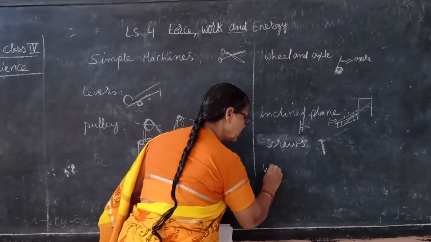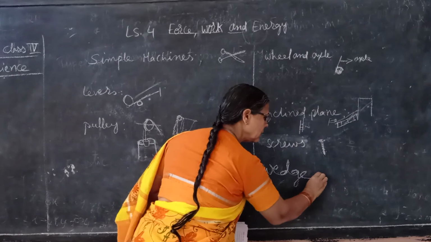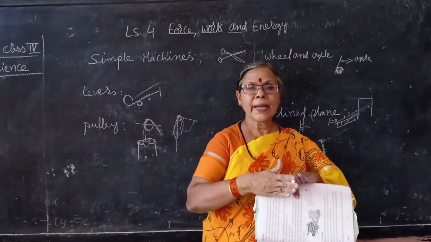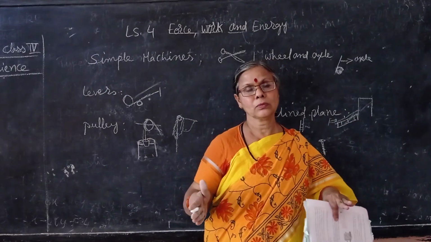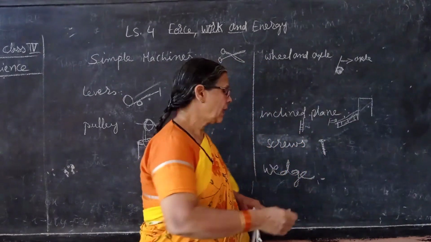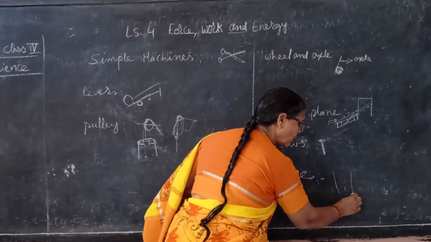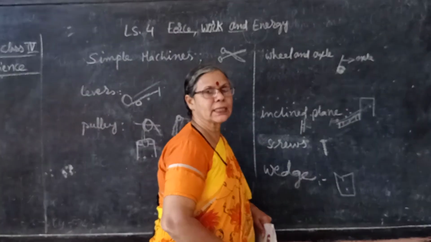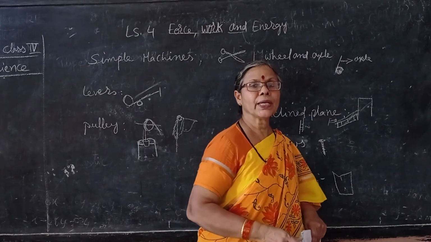Then wedge is the one which is used to break something into two pieces. Means a wooden log, if they want to cut it, how can you do it?